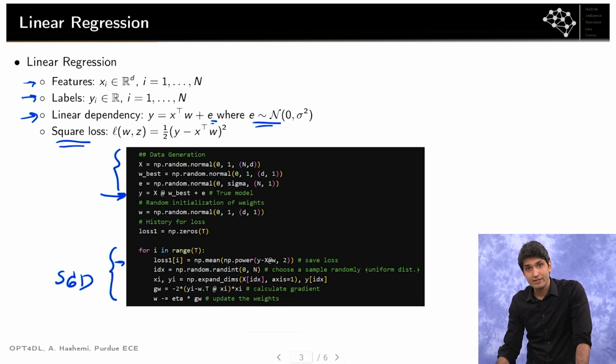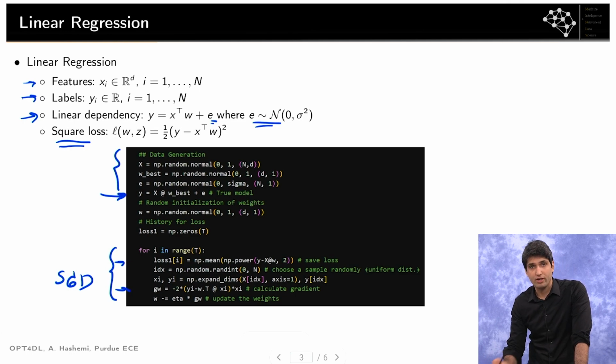There is also the more practical way, where the mini batches are generated uniformly at random without replacement. That is basically the epoch-based version of SGD that we talked about. And in the next example, we're going to see how that algorithm performs and how its performance compares with this simple version of SGD.